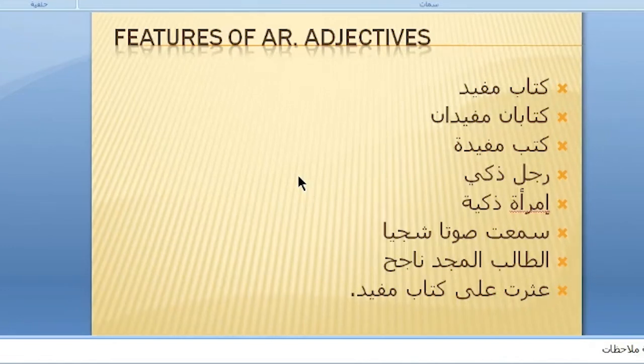And it is both accusative and genitive, يعني منصوب ومجرور, in ya. Again, why? Because it is dual. Now here in this example, kitaban mufidan, both are nominative, لأنهم مرفوعات, by alif, because they are dual.